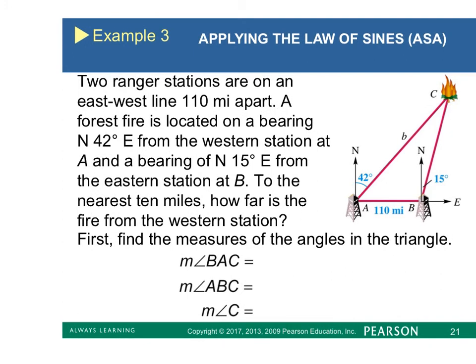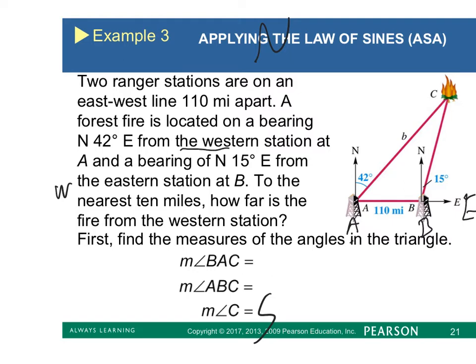Example 3. Two ranger stations. We have ranger station A, ranger station B. They're on the east-west line. A forest fire is located on the bearing of north 42 degrees east from the western station.